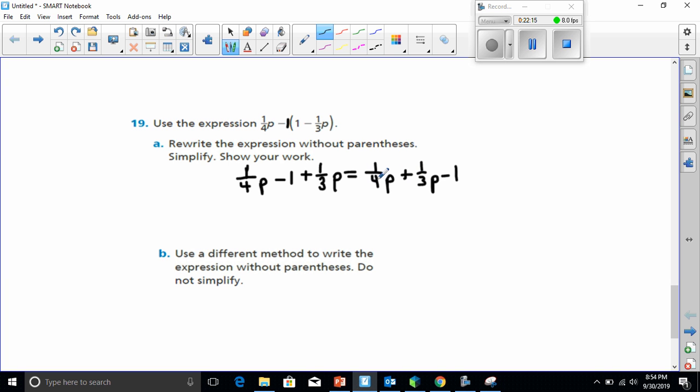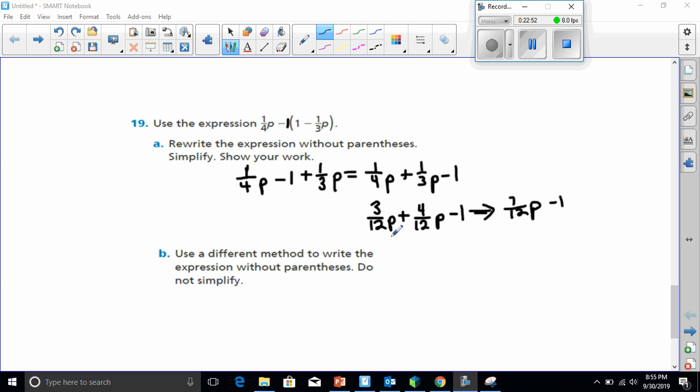I'm going to do it the quick way. We know that it's going to be 12, so that turns into 3 over 12 p plus 4 over 12 p, -1. Well, 3 plus 4 is 7, so our final answer is going to be 7 over 12 p -1.